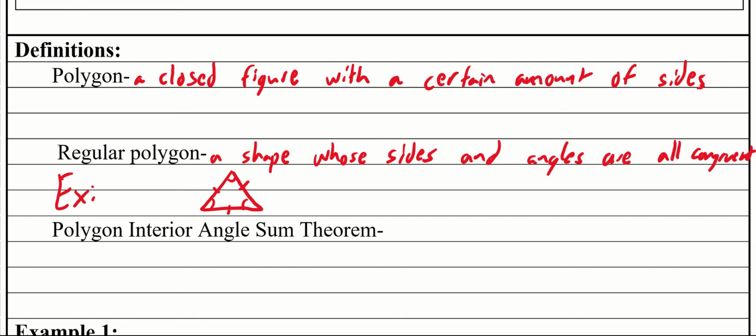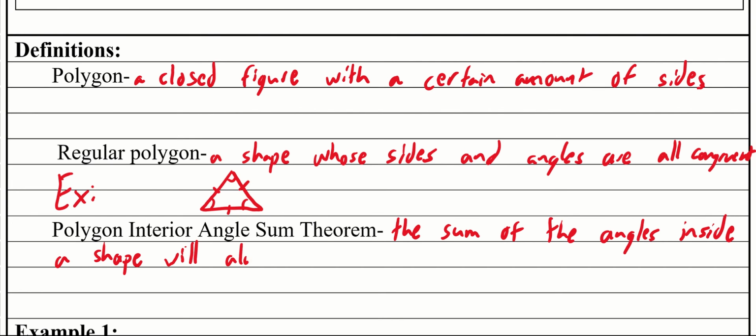Okay, and then this leads us to this idea that we have here, which is called the polygon interior angle sum theorem. This is one of the theorems that we investigated and hopefully were able to nail down as we were looking at those different examples of shapes. The polygon interior angle sum theorem, I know that's a mouthful, says this: the sum of the angles inside a shape, remember, sum meaning what I get when I add them all up, will always be, and we have this equation for it.